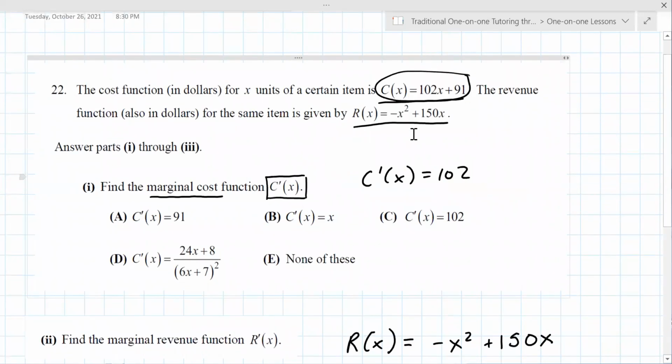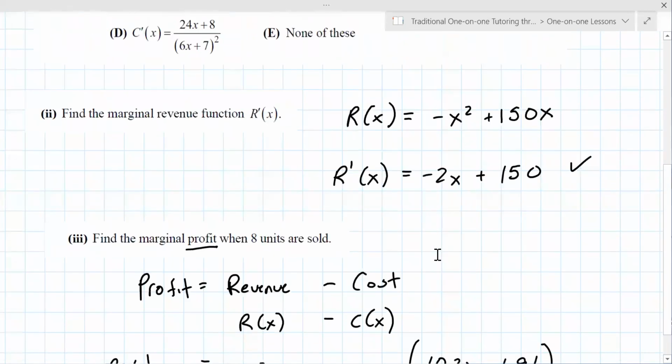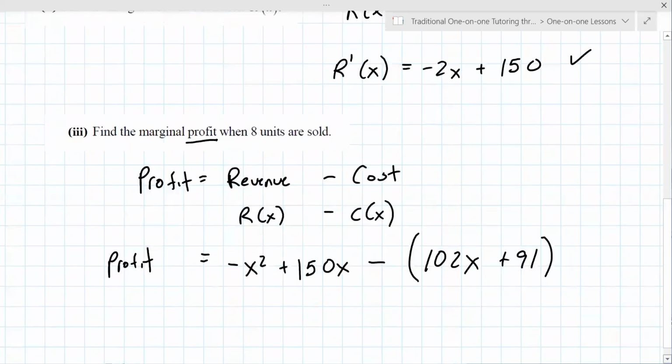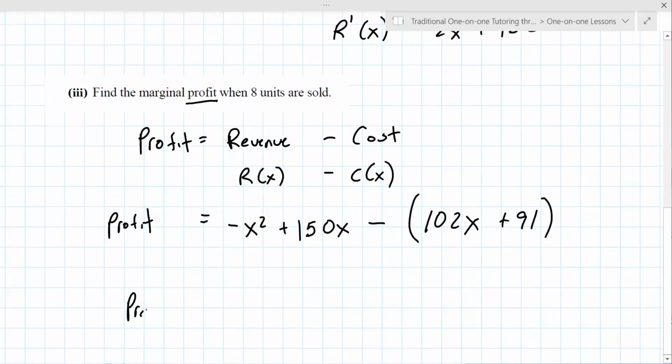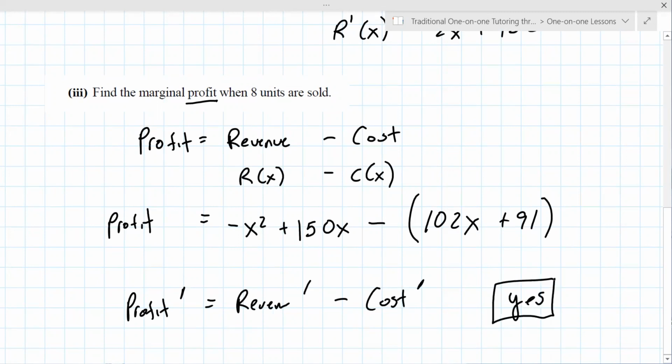Now maybe you're thinking, well, Matthew, can't I do profit prime equals revenue prime minus cost prime? And the answer is yes. But what I was trying to do is show you the equation and then take the derivative. That's how I usually do it. I do minus and then I differentiate what I find.